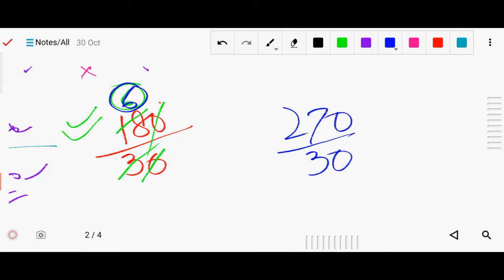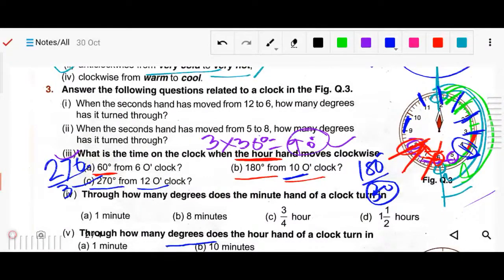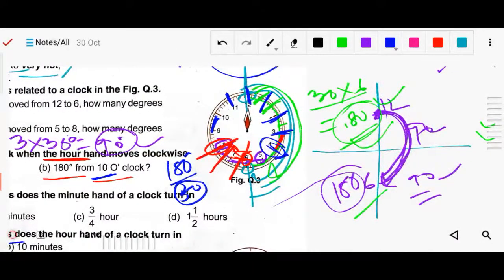Why 30? Because the gap, the degree, is 30, so it will be 9. So from there we have to check 9 steps from 12 o'clock. Where is the 12 o'clock? Here. 9 steps: 1 2 3 4 5 6 7 8 9. So where is it? 9 o'clock.